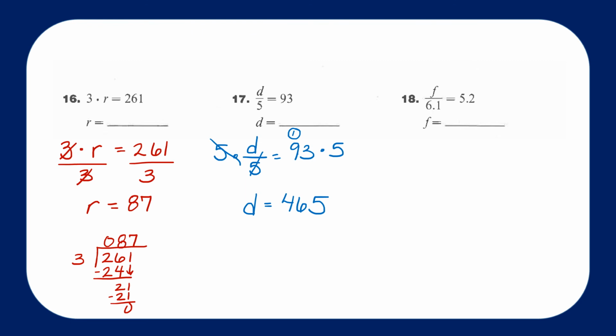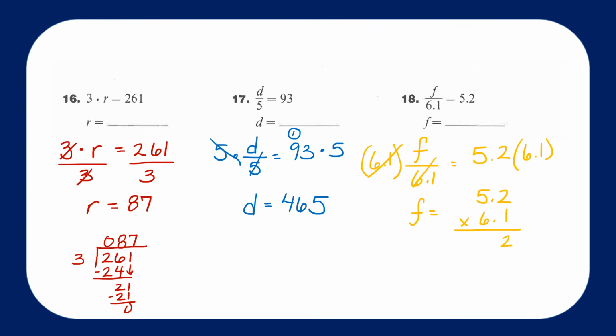Question 18, we have F divided by 6.1 equals 5.2. I'm going to multiply each side by 6.1. Divide by 6.1, multiply by 6.1, cancels each other out. F equals 5.2 times 6.1. 1 times 2 is 2. 1 times 5 is 5.